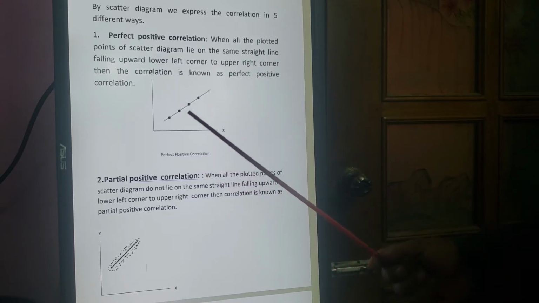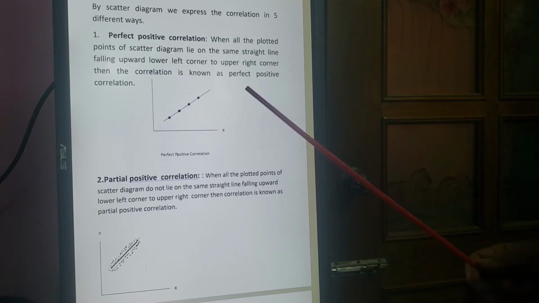Here a scatter diagram is given and 4 pairs are plotted.